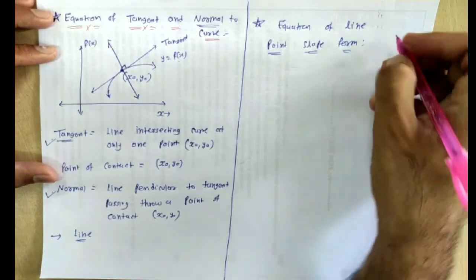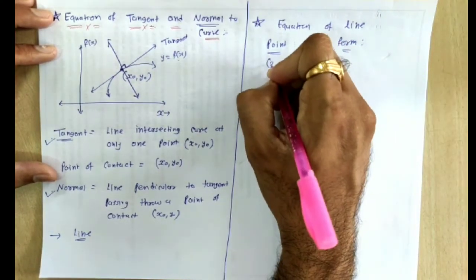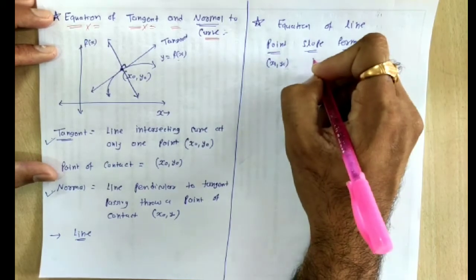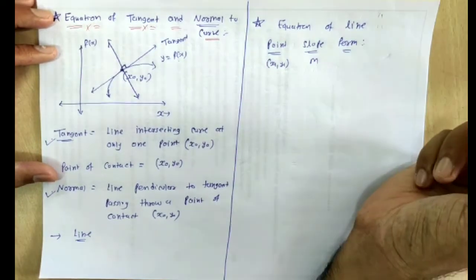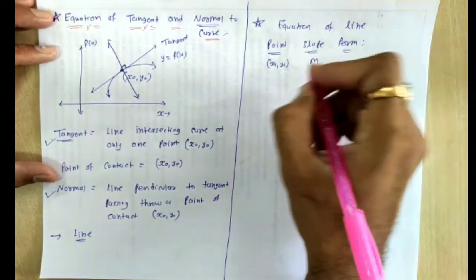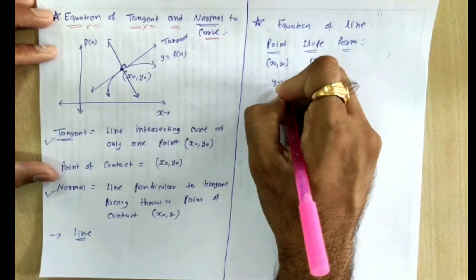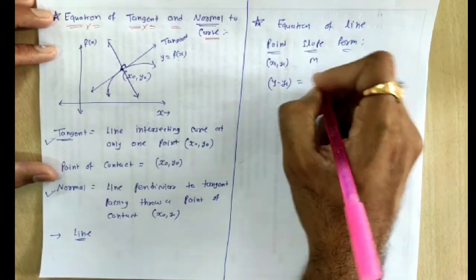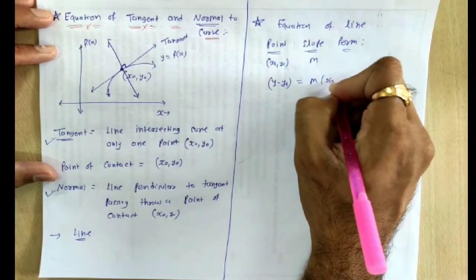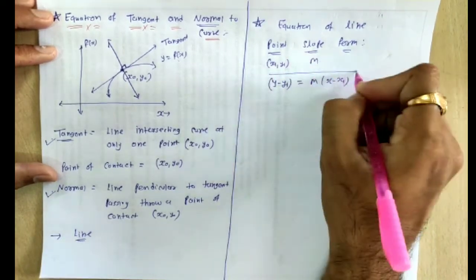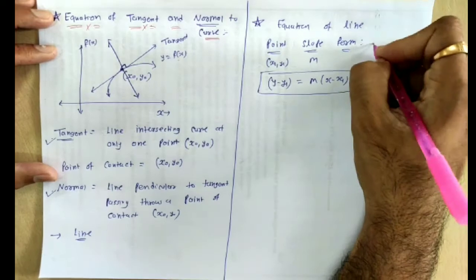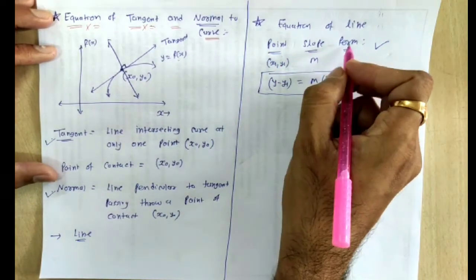So equation of line passing through the point x1, y1 and whose slope is m, the equation of line is y minus y1 equal to m into x minus x1. So this is known as point slope form of line. Which form? Point slope form of line.